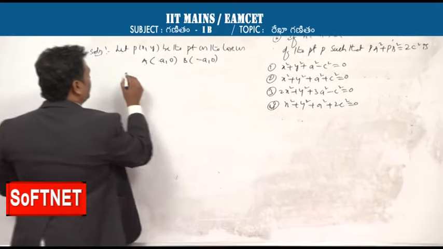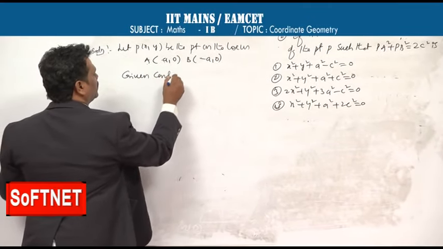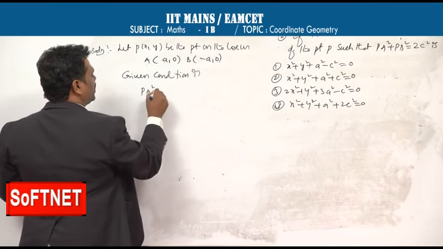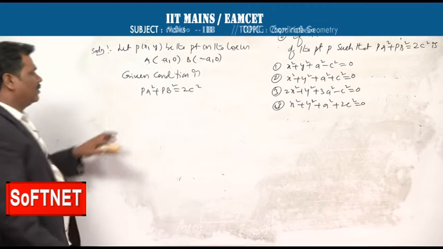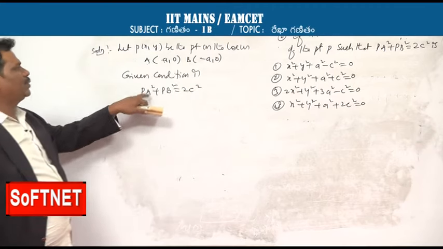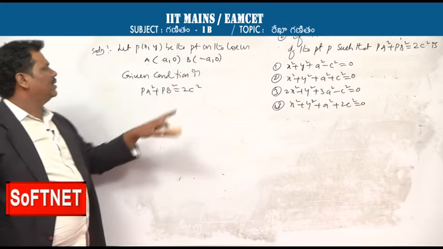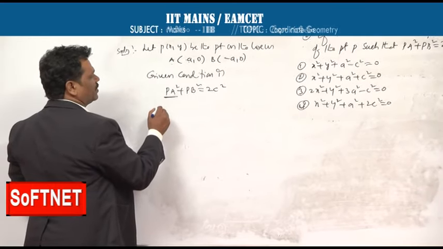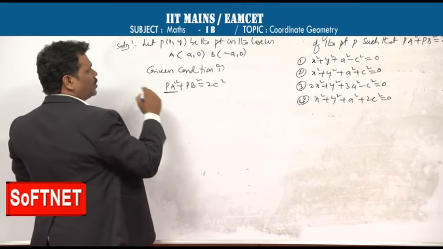What is the condition given? PA square plus PB square equal to 2c square. Here PA square means the distance between 2 points P and A, and this is P and B, equal to 2c square. So the square means (x2 minus x1) whole square plus (y2 minus y1) whole square; square is there, root is not there.